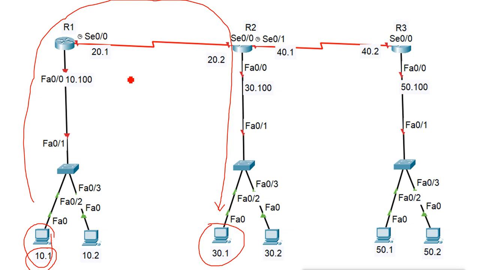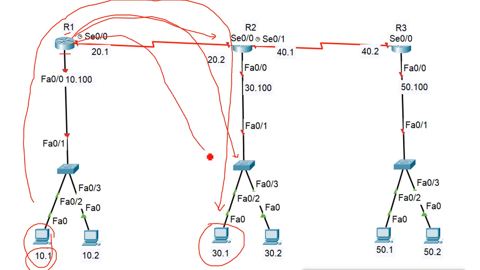But if the traffic is generated from the router itself, for example, we go to this router, open the command prompt and try to telnet to another router, or we can telnet or SSH to this switch, or even telnet to any other server.